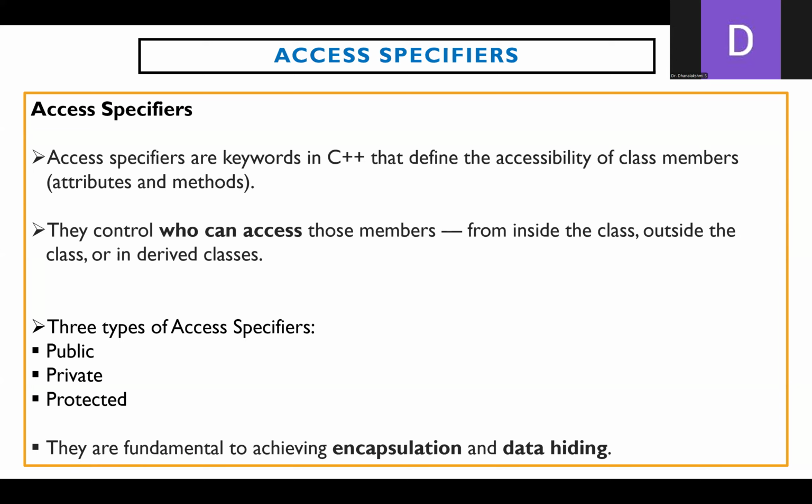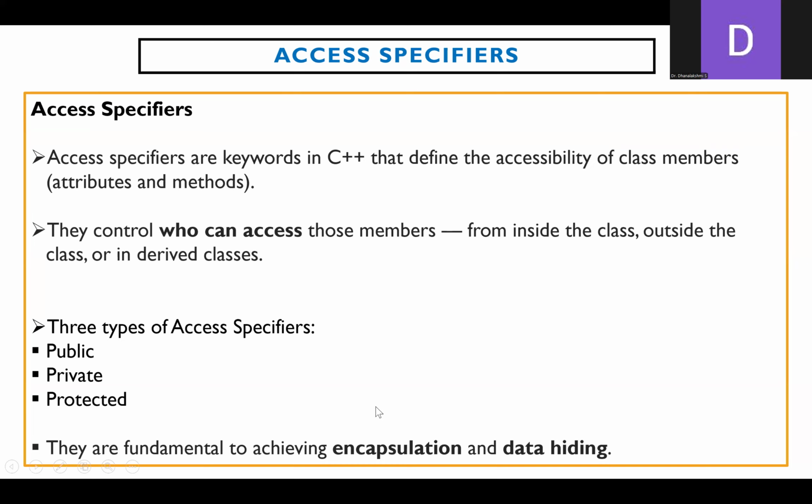I'll repeat: we are going to check the scope of accessibility. That is, the data and the functions can be accessed in three different ways: within the same class, outside the class, or from the derived class if you're talking about inheritance. There are three primary access specifiers in C++: public, private, and protected.